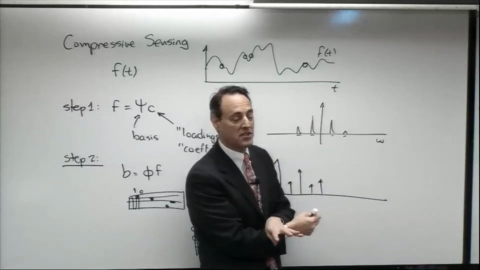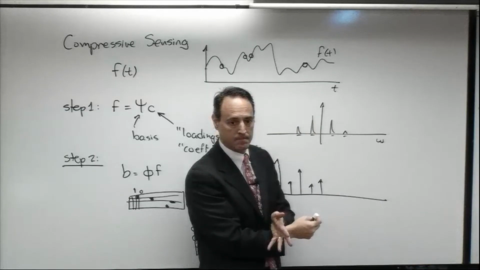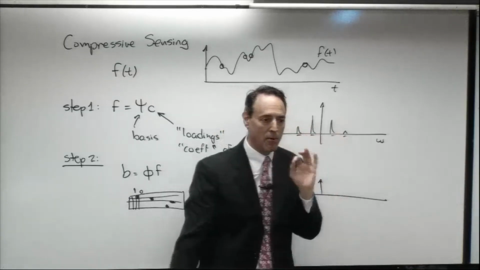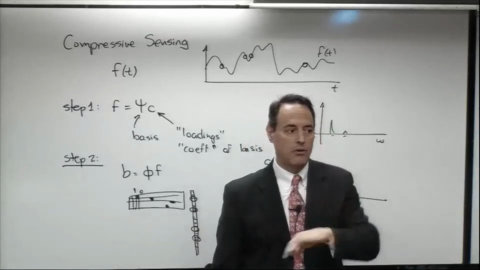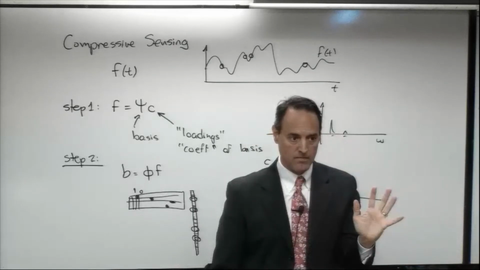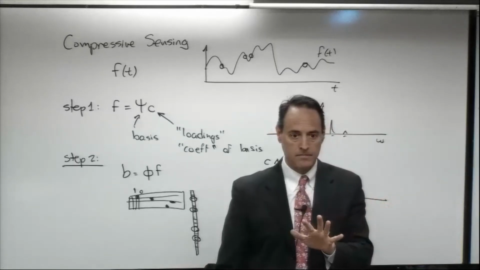There's a few frequencies that matter. This has huge impact. I'm going to take a small number of measurements, and I'm not trying to recreate a broadband signal. I'm trying to recreate a signal that has a sparse representation. That's the whole thing that allows this to happen. Okay? All right.